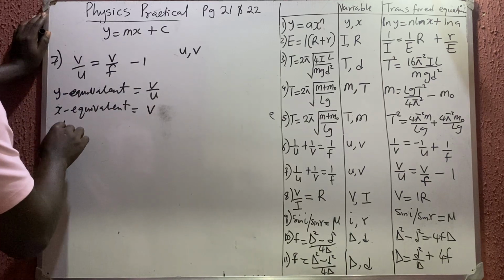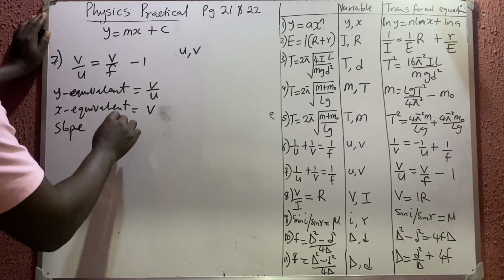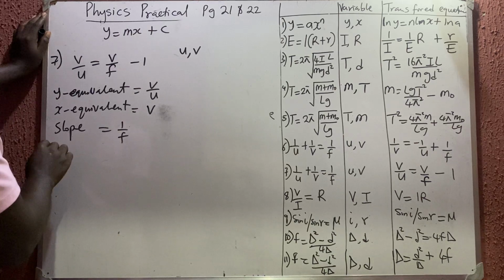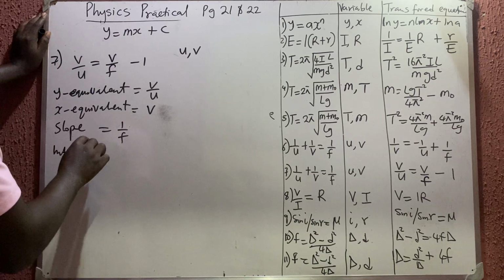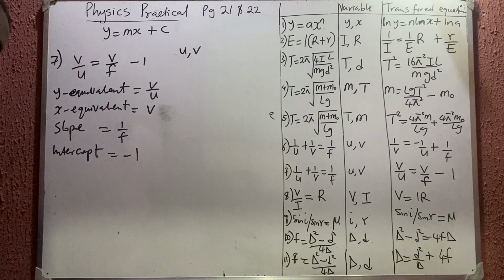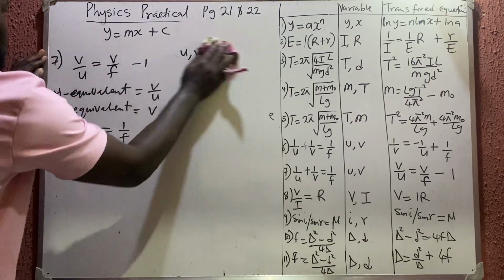While the slope will now be the coefficient, which is 1 over f. Then my intercept is obviously minus 1. Okay, so that is that. So we move to question number 8.